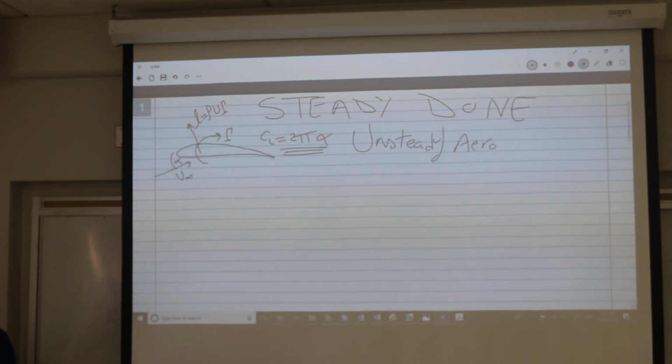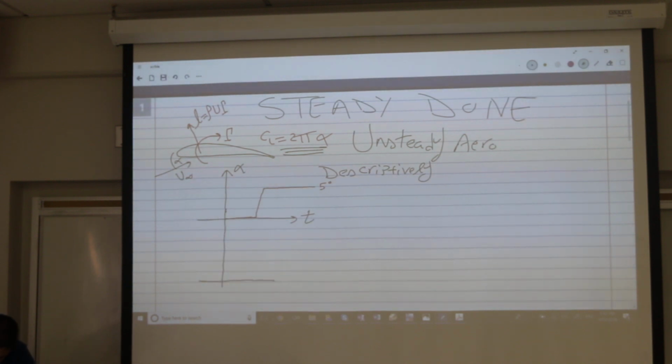So perhaps you remember this. What is unsteady aero descriptively? If I have angle of attack as a function of time in the following form, 0 here and then a jump in the angle of attack, which we're going to study in detail, maybe 5 degrees, then what's the corresponding lift?